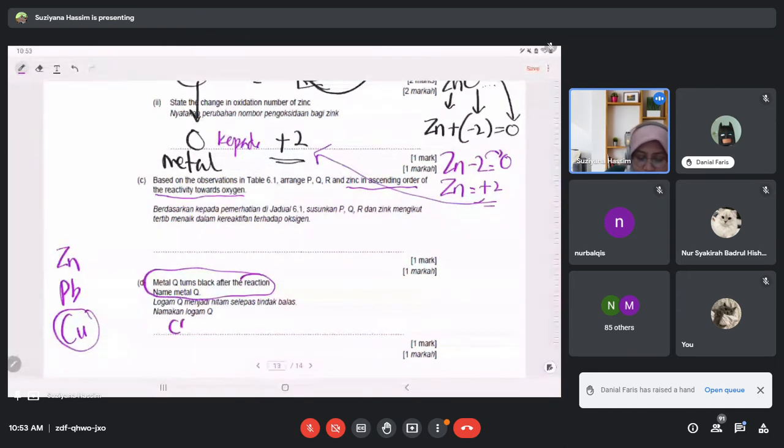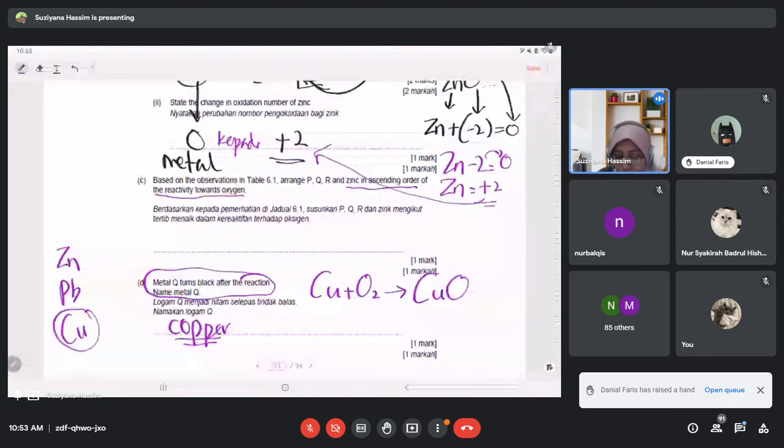The answer is copper. Why, teacher? Copper reacts with oxygen, giving copper(II) oxide. 2, 1, 2.